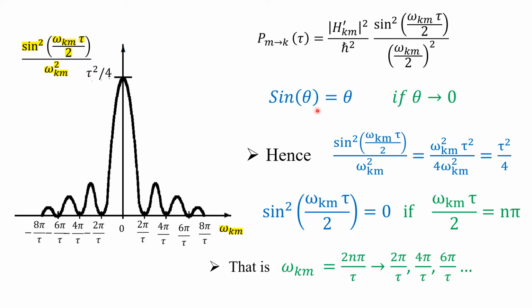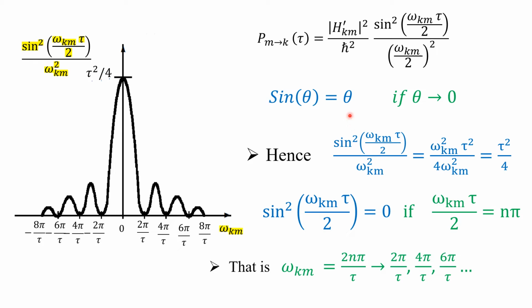If theta tends to 0, then sine theta will be equal to theta. That is, sine squared of ω_km tau over 2 is equal to ω_km squared tau squared, because theta is very small.